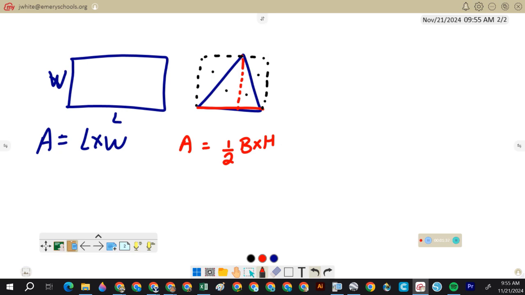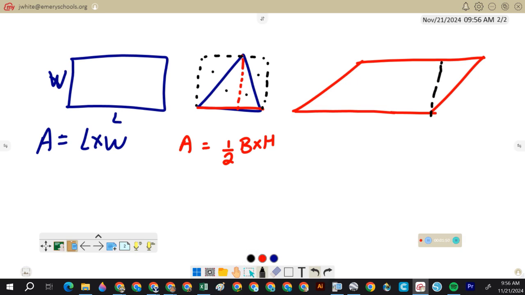So if I had a parallelogram and I wanted to know the area of that, well, if I cut this triangle off and I slide it over, it will fit right here. And I end up with this rectangle. And this is the length and this is the width.